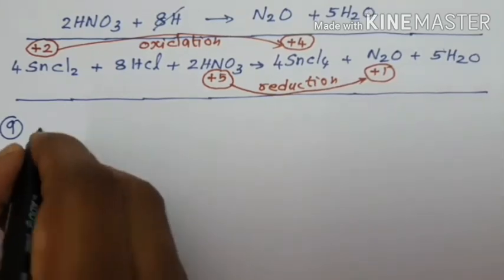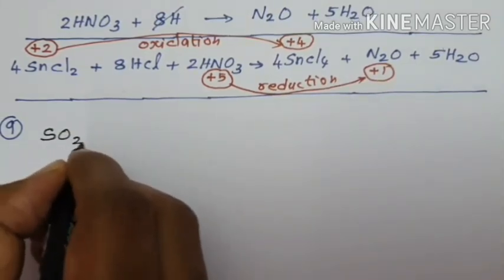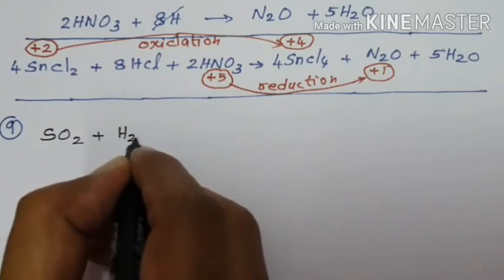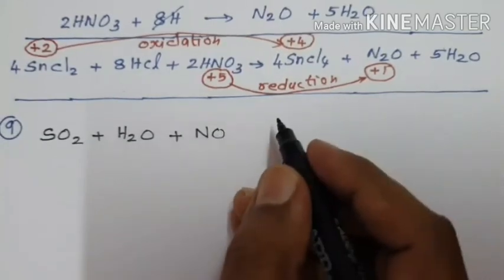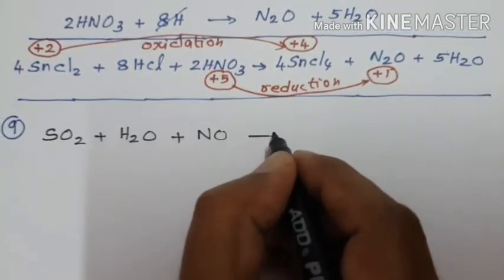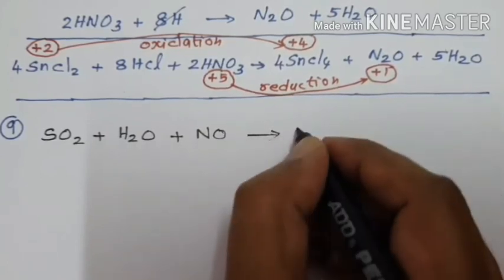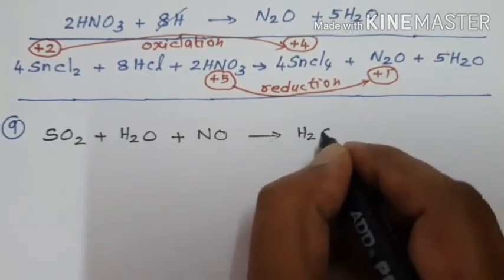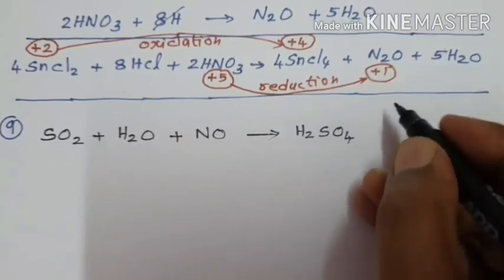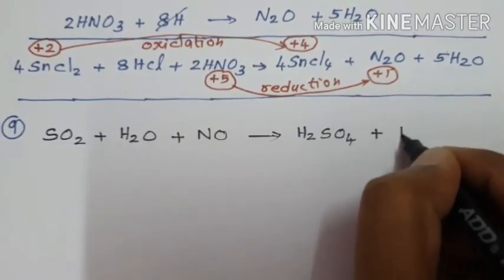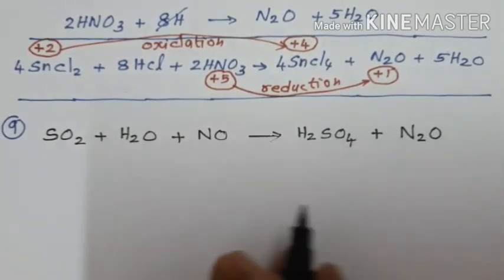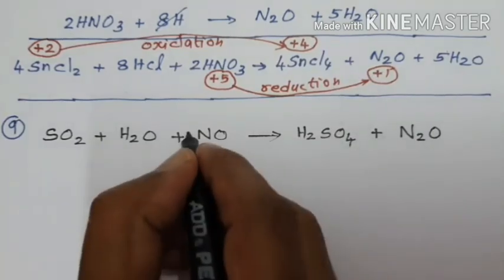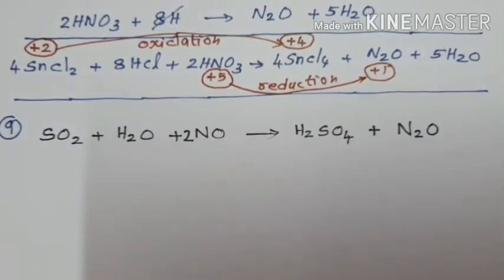Sulfur dioxide SO2, when treated with H2O and nitric oxide NO, gives sulfuric acid H2SO4 along with nitrous oxide N2O. 2 hydrogen, 2 hydrogen, 2 nitrogen, 2 nitrogen, only symbol balancing. So in this reaction, nitrous oxide is prepared.